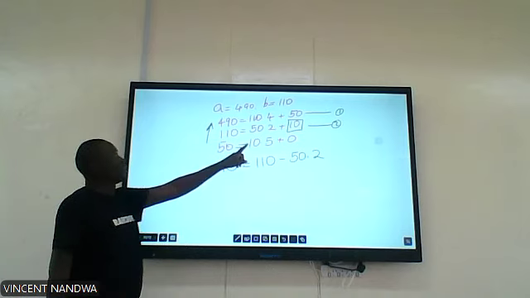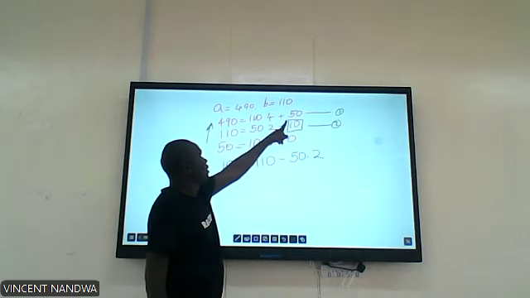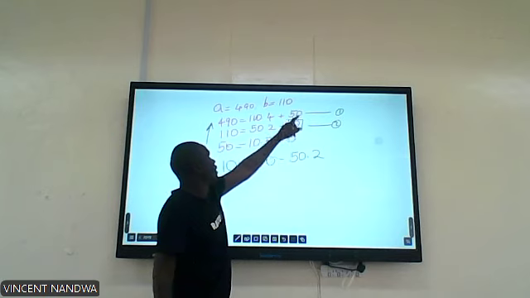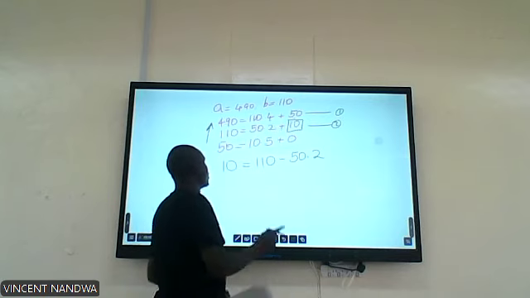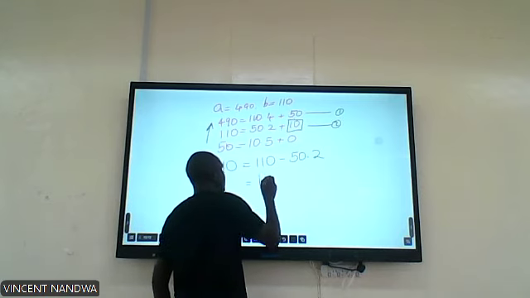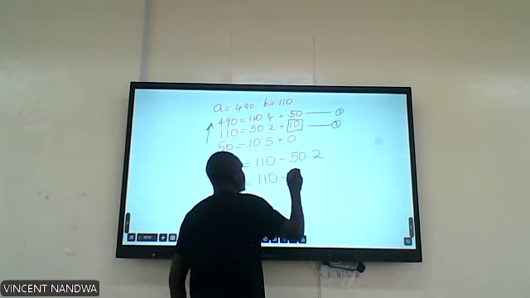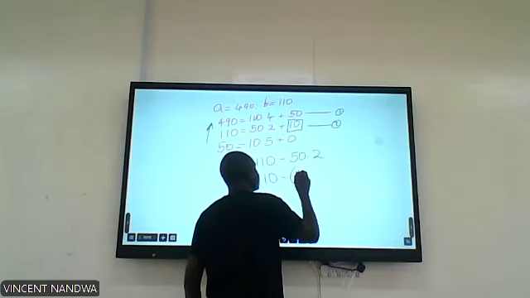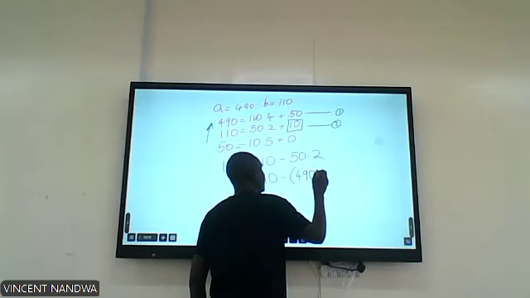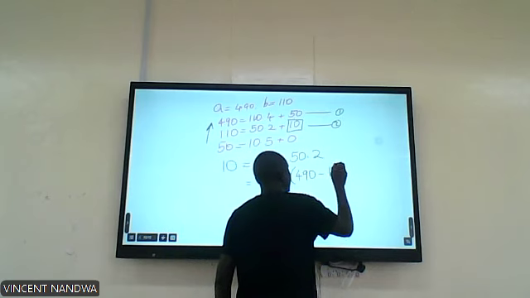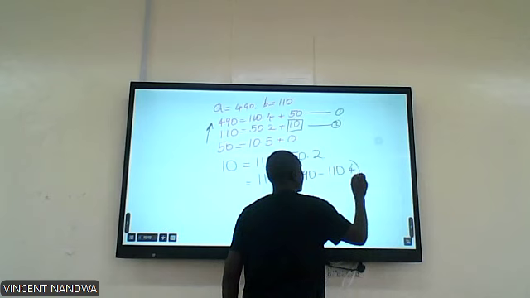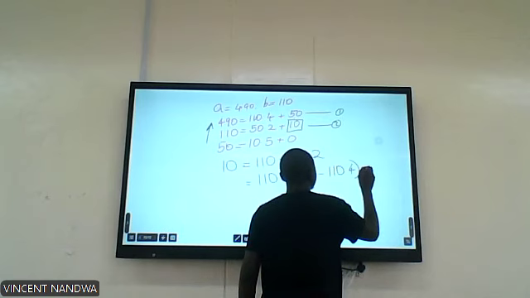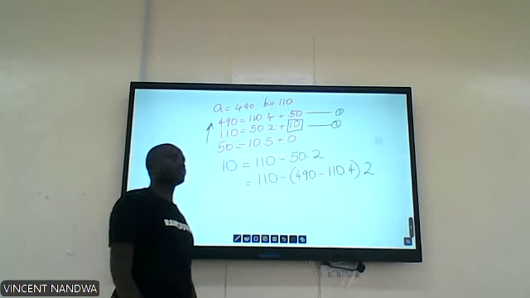Now from the previous line, 50 can be written as 490 minus 110 times 4. So this is the same as 110 minus, and instead of 50, you write 490 minus 110 times 4, and then times 2.